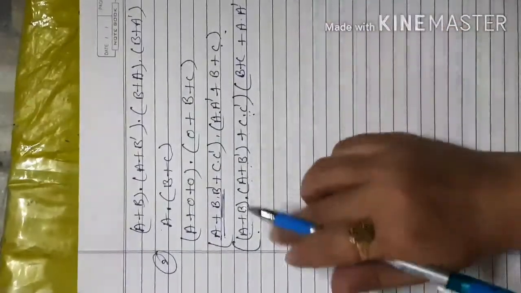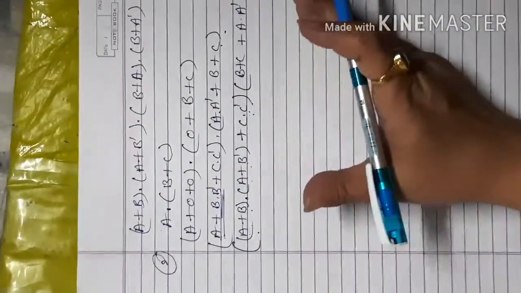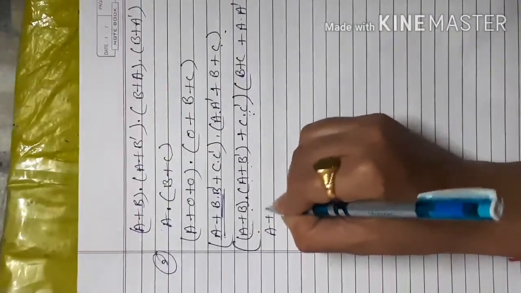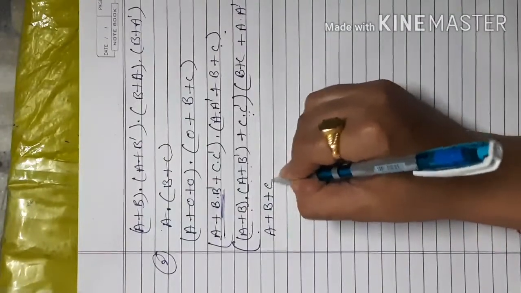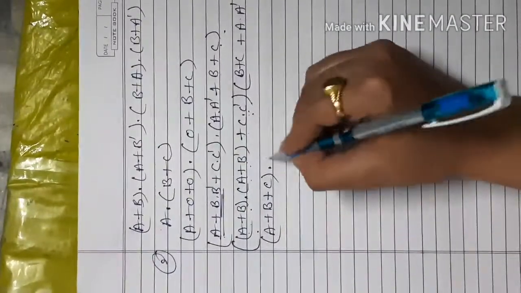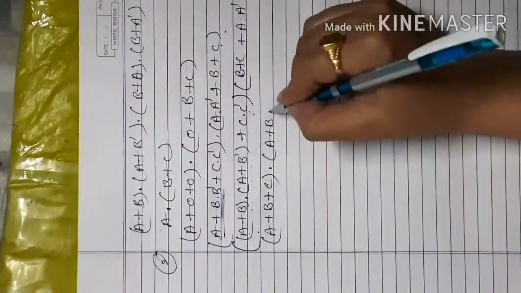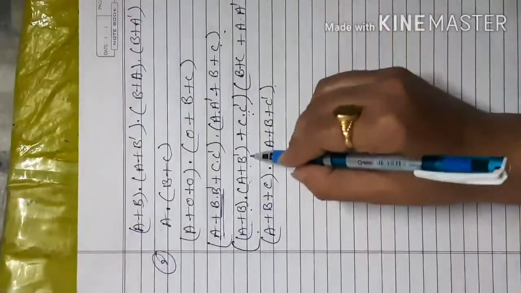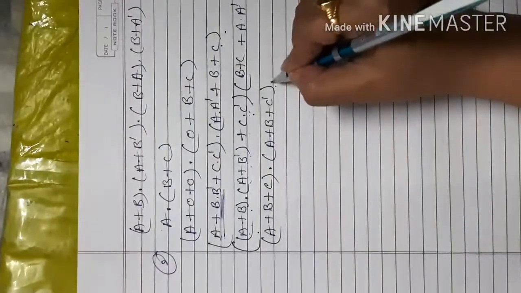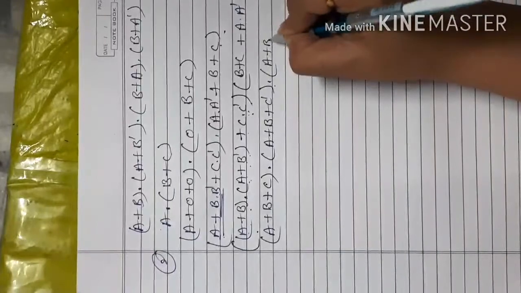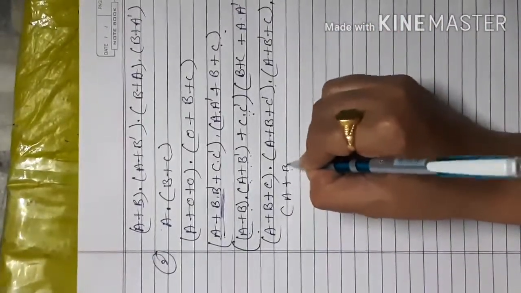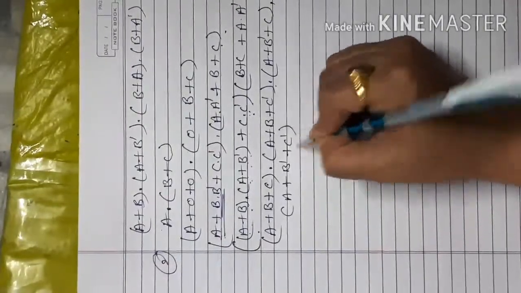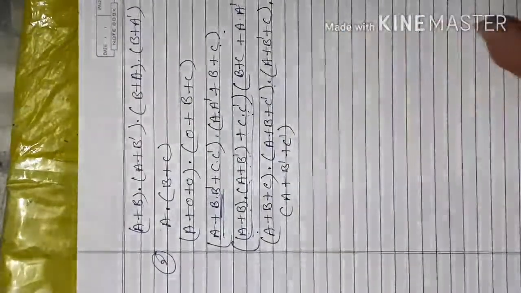One by one you go with both terms with the distributive property: A plus B plus C, then dot A plus B plus C complement, then A plus B complement plus C dot A plus B complement plus C complement. Here this is totally opened by the distributive property.